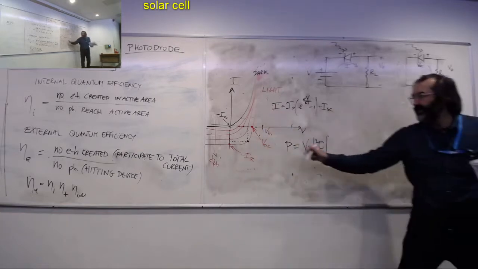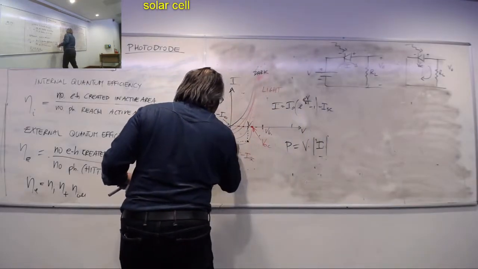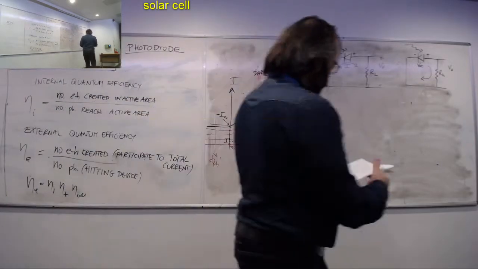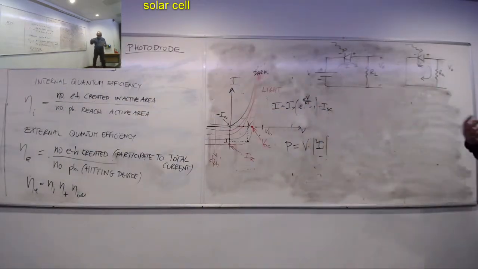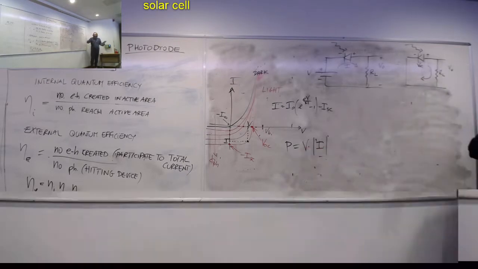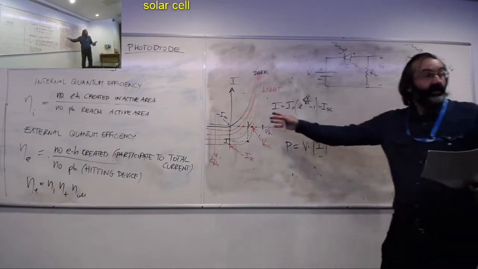The power caused by this point I've chosen now on the IV characteristic of my solar cell. So what we want to do in the solar cell is to try to maximize this quantity, the power that is being generated because of photons hitting the solar cell.